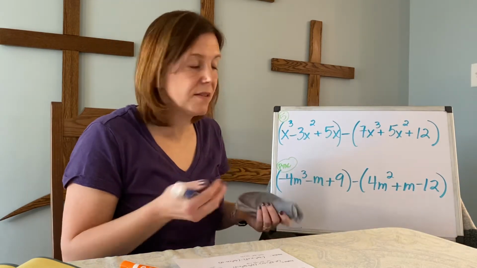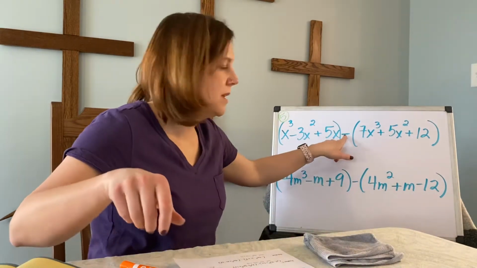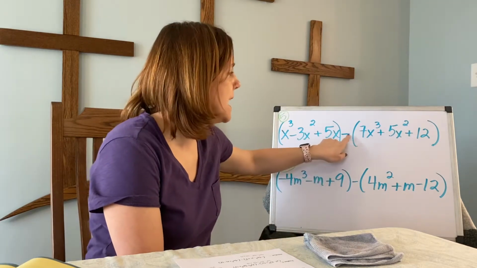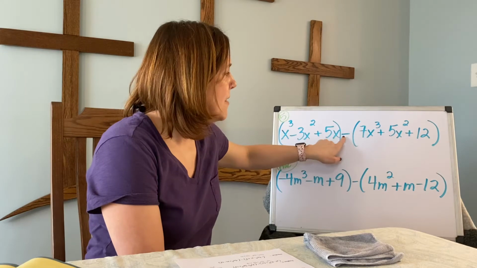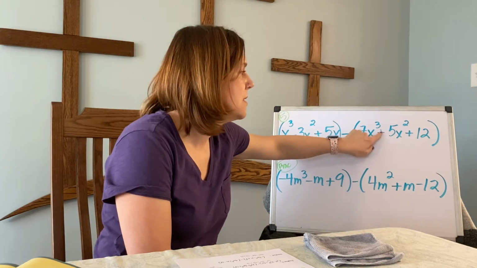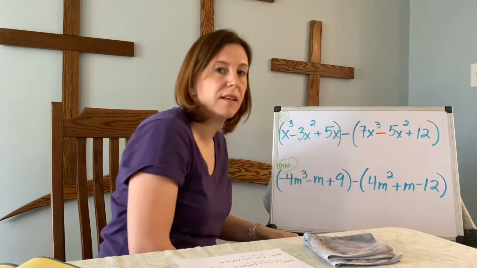So if I go through, let me get a different color here. If I go through and subtract 7x cubed, it's going to be minus 7x cubed. That one's easy to start with. If I'm going to subtract 5x squared, notice that that's not going to be adding anymore. That's now going to be subtracting.